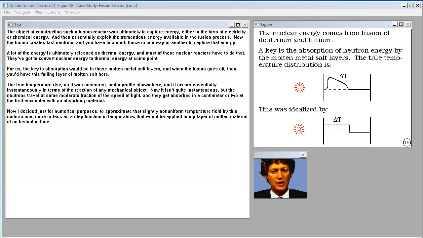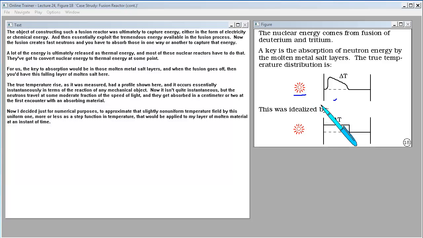A lot of the energy is ultimately released as thermal energy, and most of these nuclear reactors have to do that. They've got to convert nuclear energy to thermal energy at some point. For us, the key to absorption would be in those molten metal salt layers, and when the fusion goes off, you'd have this falling layer of molten salt here.